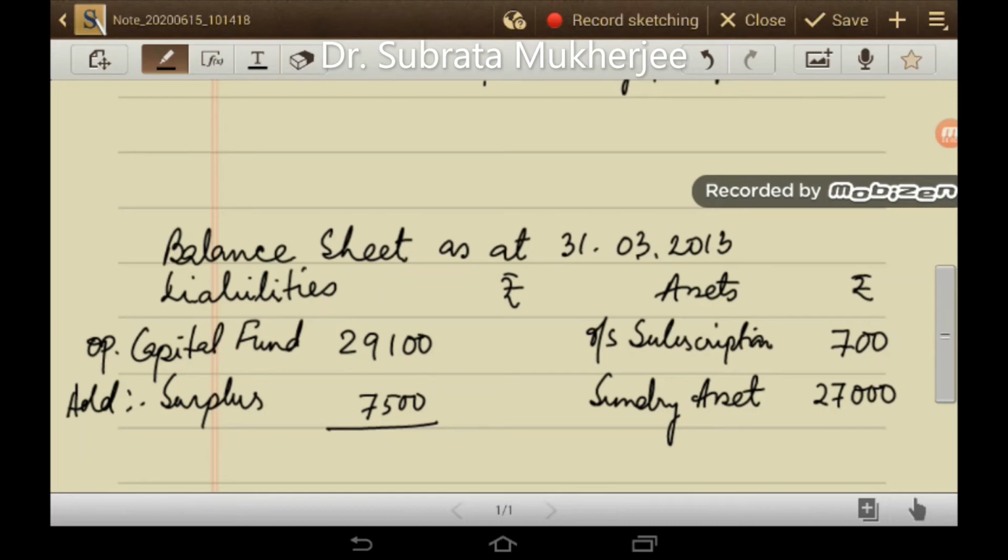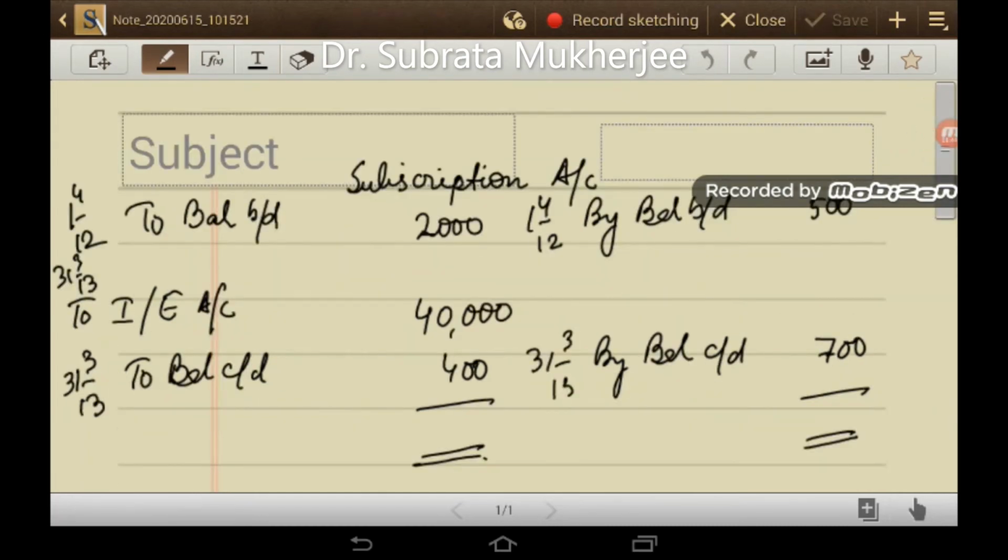Now I have to close the ledgers. So it is given in the question in the first point of adjustment that 1,800 was received regarding the outstanding subscription which was due on 1st April 2012. So no matter, I will not post that 1,800. Rather, the balancing figure in the subscription account represents the cash collection, cash or bank.